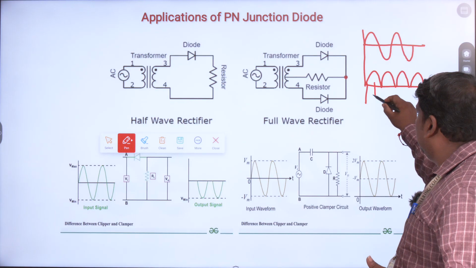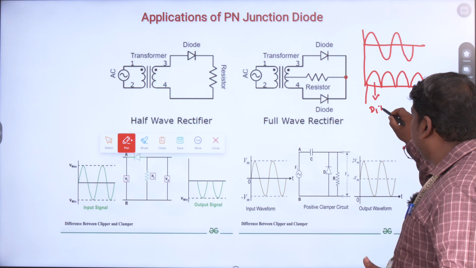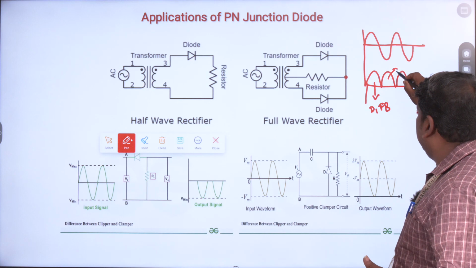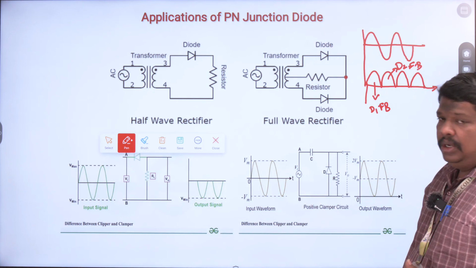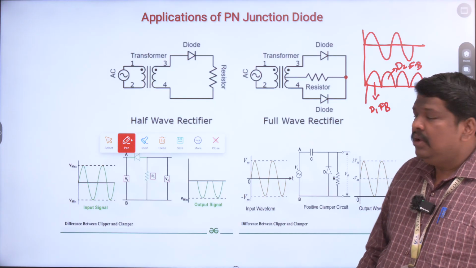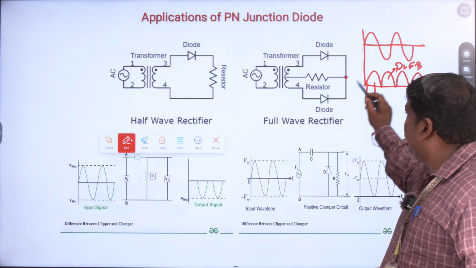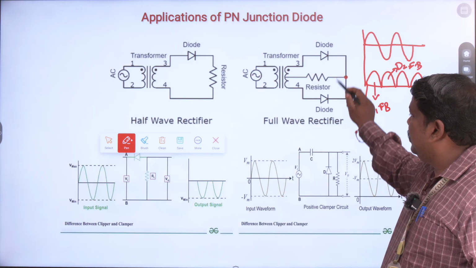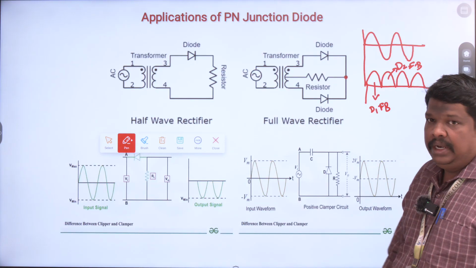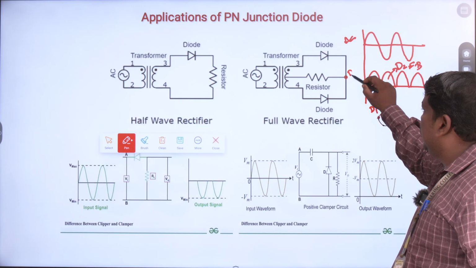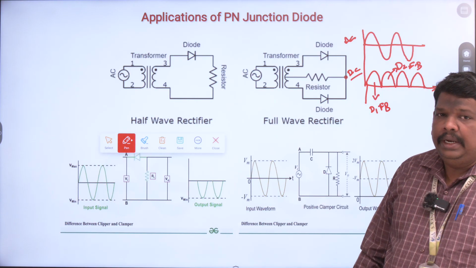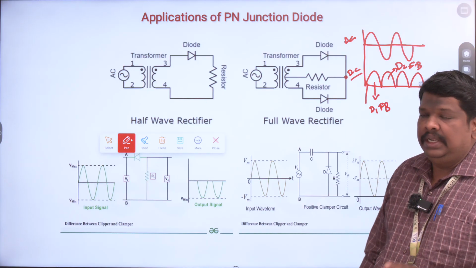Here diode D1 is in forward bias, and here diode D2 will be in forward bias. So for the positive cycle of the input, D1 will be conducting, and for the negative cycle, D2 will be conducting. So you convert your AC input to DC, but here it is not a pure DC, it is a pulsating DC.